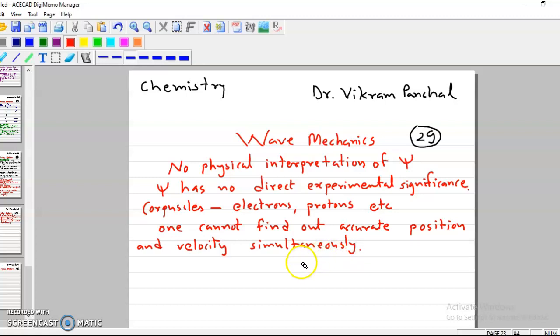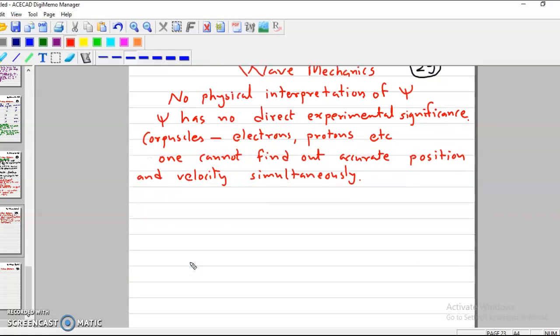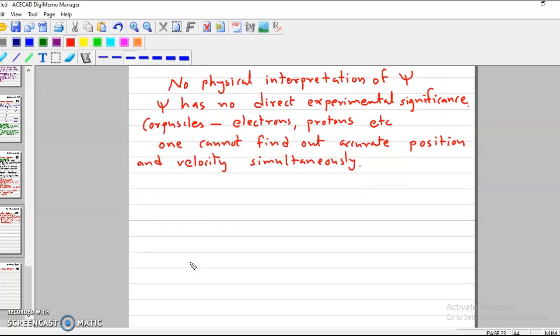We don't know anything. The state of a particle has therefore to be defined not by its position but by its mathematical function psi. Then what to do with this? We want a real value because we want to find out the position of the electron or the velocity of the electron.